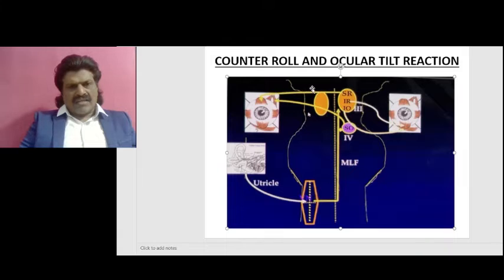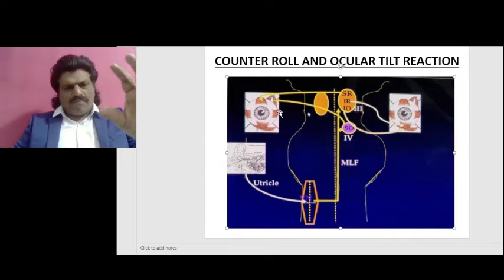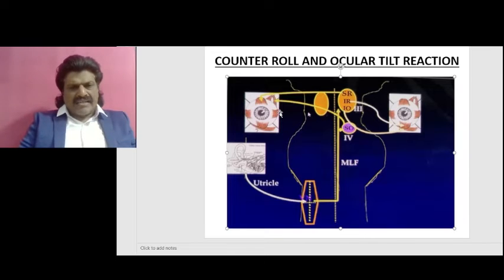The other two muscles, the inferior rectus and inferior oblique, go to the same side. Likewise, the fourth nerve nucleus supplies the superior oblique on the opposite side. So finally, the superior rectus and the superior oblique are supplied from the same side as the otolith pathways originated.